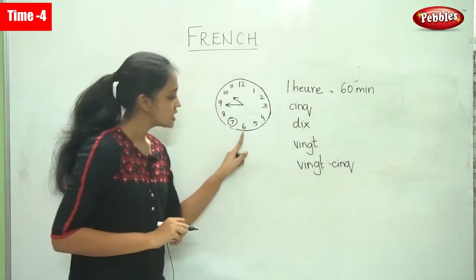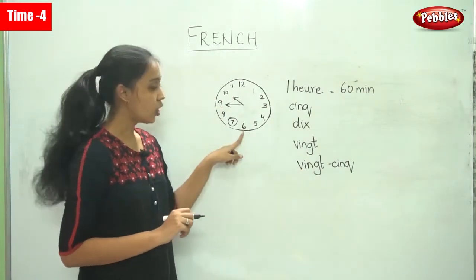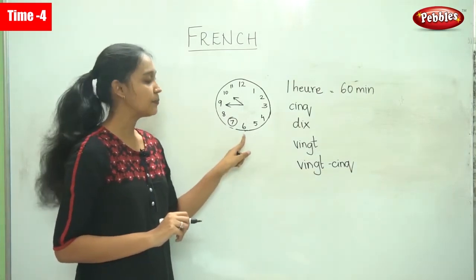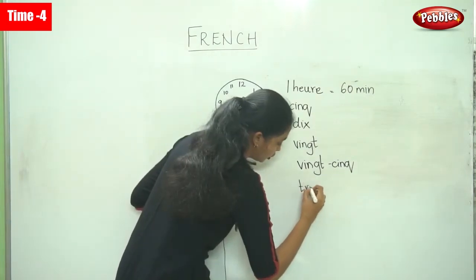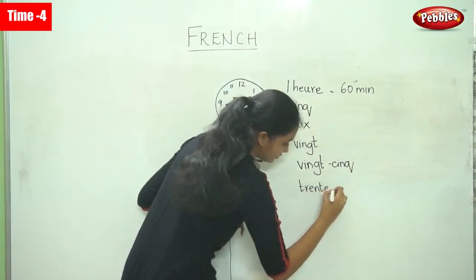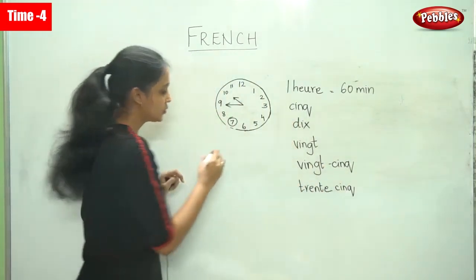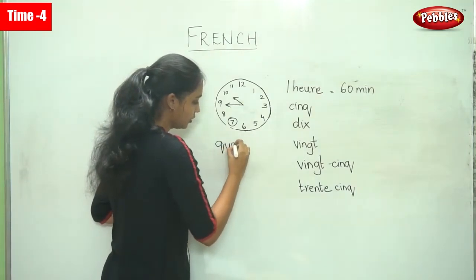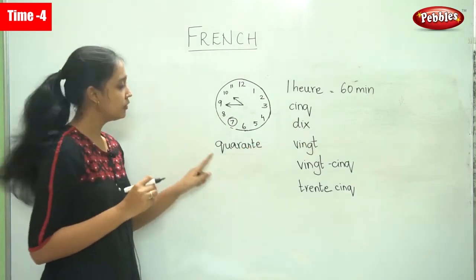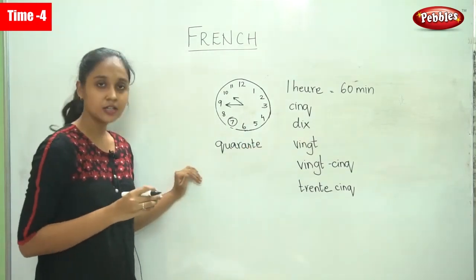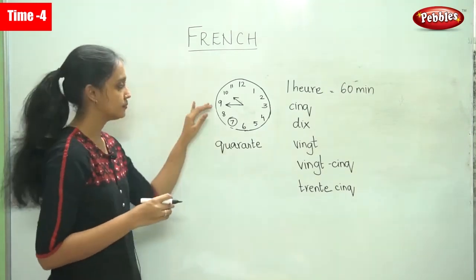On 6, it would be 30, but we can use either 30 or, in most cases, we use demi. Next, 35. On 8 would be 40. On 9 would be 45, but we use the next hour moins le quart.